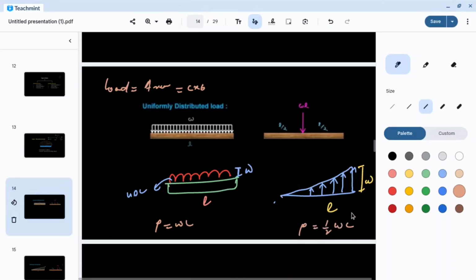But the question is, where will this load act? At the centroid.